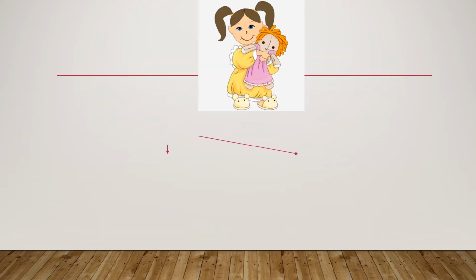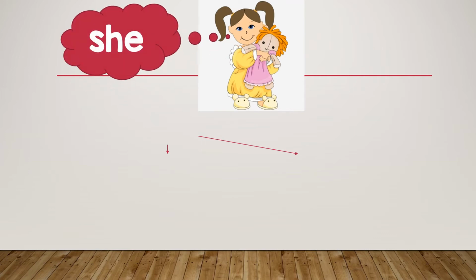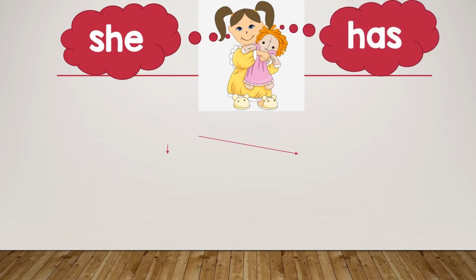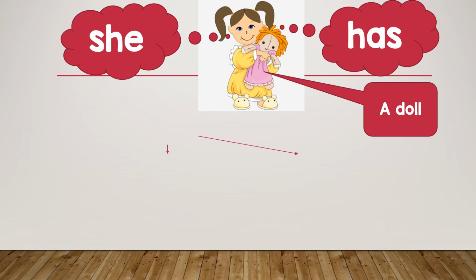Let's look at the first picture. So the first picture is a picture of a girl. So the pronoun for girl is she. Since she is a singular subject, we must use has. And the girl is holding a doll.